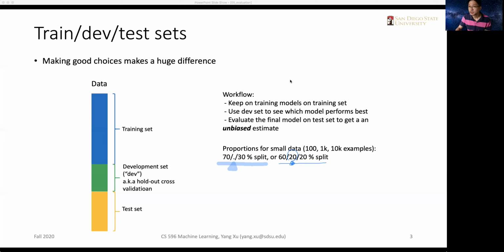in the case of larger data sets, or so-called big data sets, say we've got millions of data points, then we can split the data sets by assigning a very small proportion as validation and test.